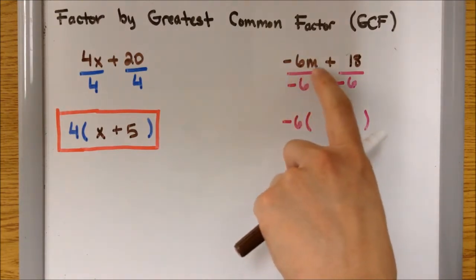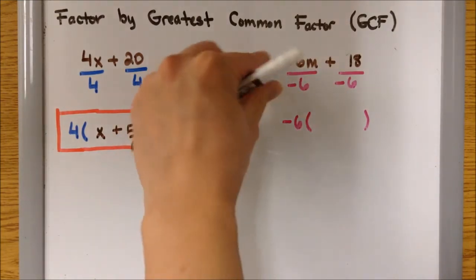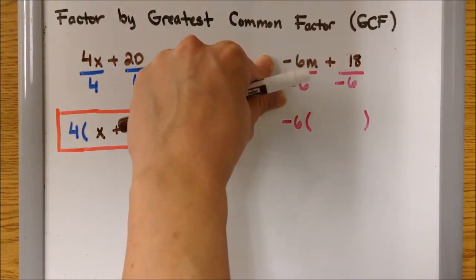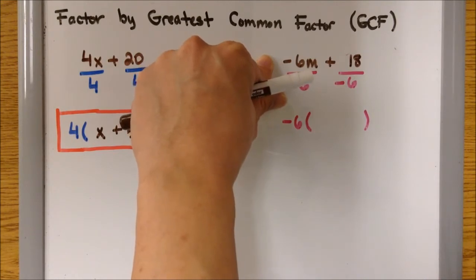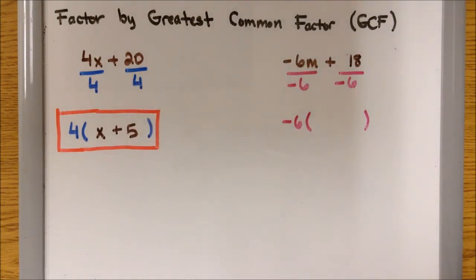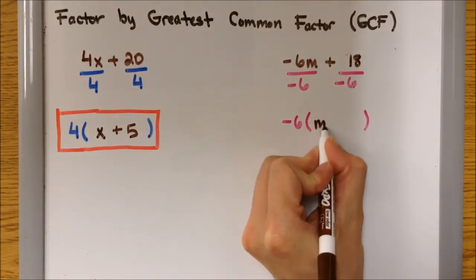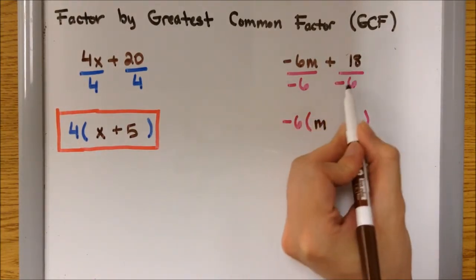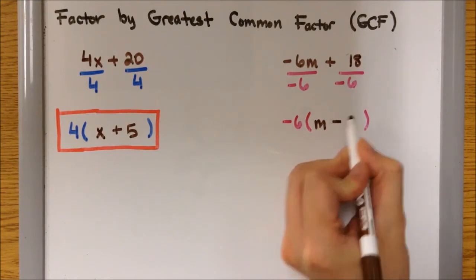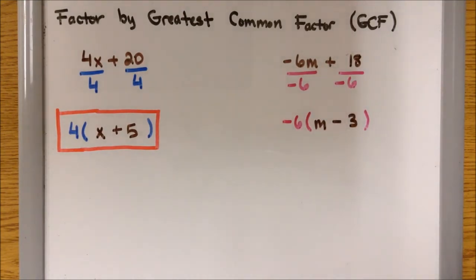Negative 6m divided by negative 6 is a positive 1, so 1m, or simply m. Positive 18 divided by negative 6 is negative 3. I finished factoring out the greatest common factor.